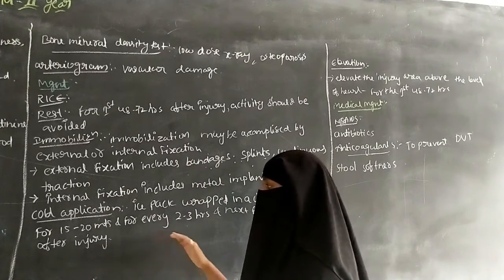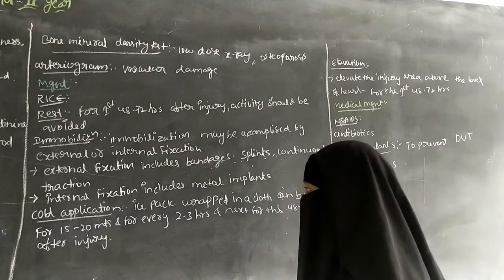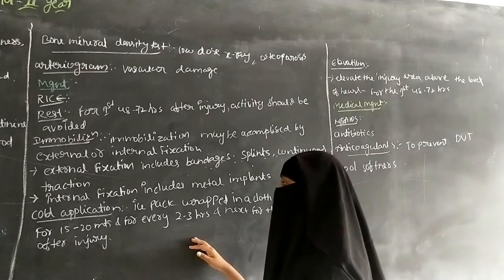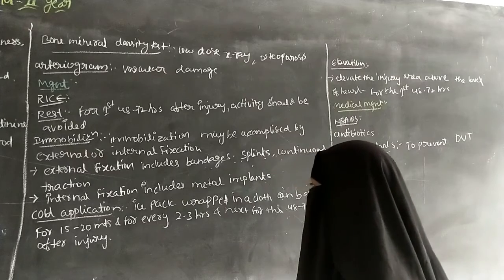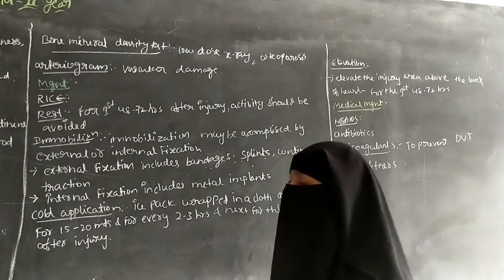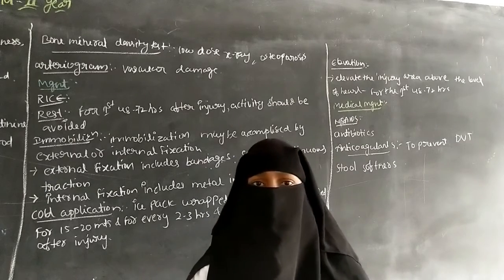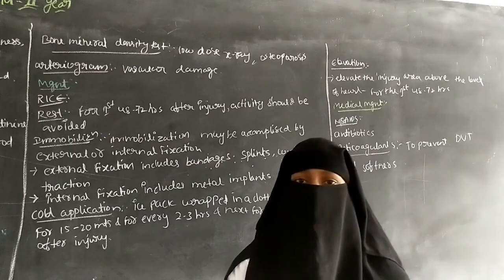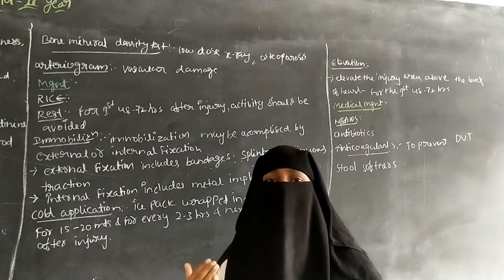And next one is cold application. In the cold application, an ice pack wrapped in a cloth can be applied. The ice cannot be applied directly to the skin, so do not apply the cold directly to the skin.